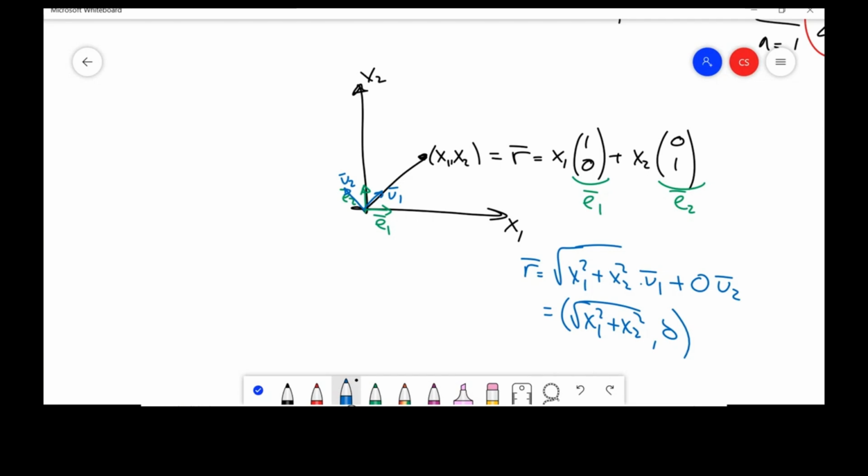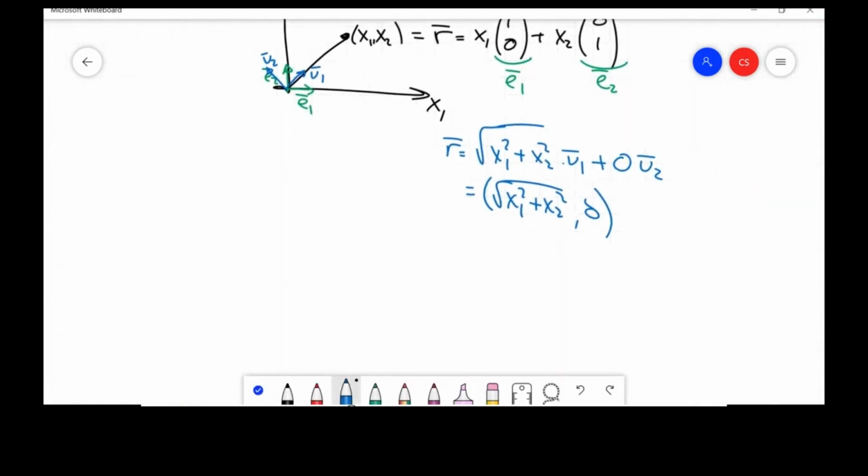So now my coefficients have changed. Okay, so how do you find these coefficients in general? Because this case was very easy. And there is a trick.